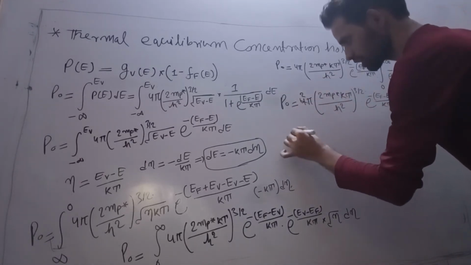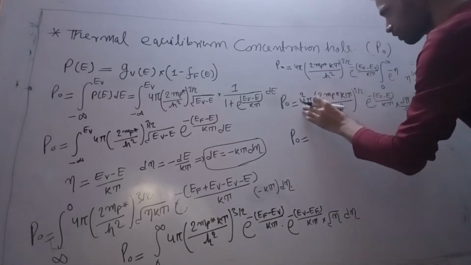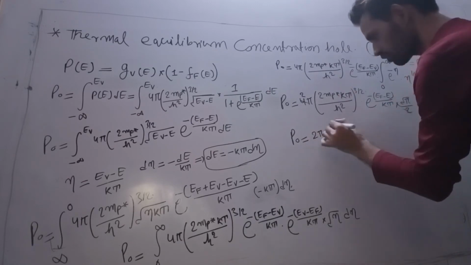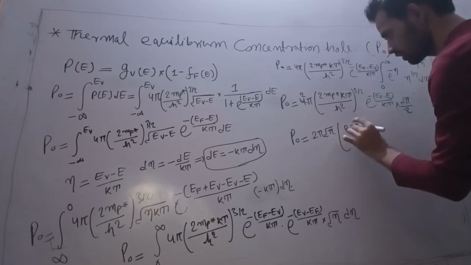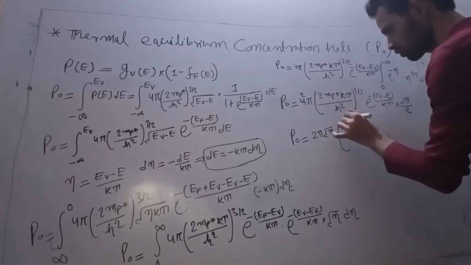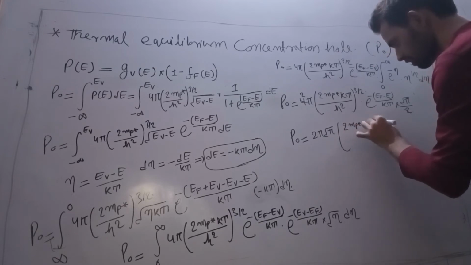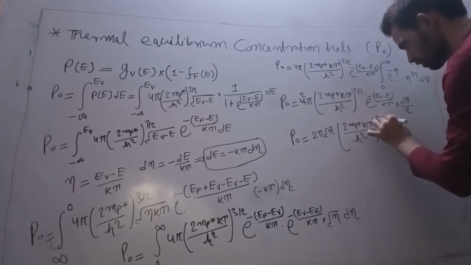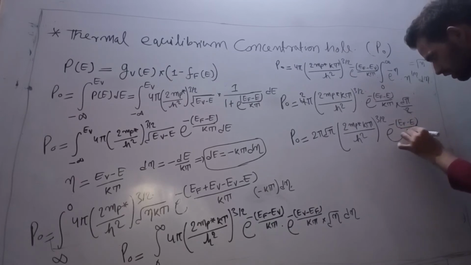From here we are left with P naught equal to 2 pi, and here root pi, into 2 mp star KT divided by h square to the power 3 by 2, into e to the power (EF minus E) by KT.